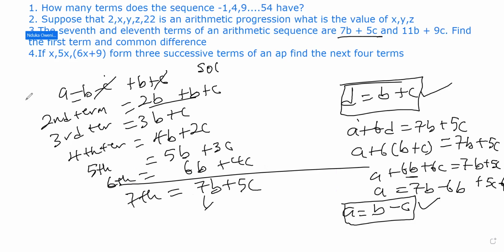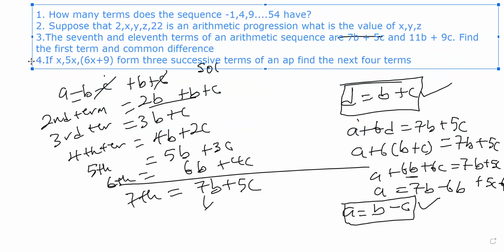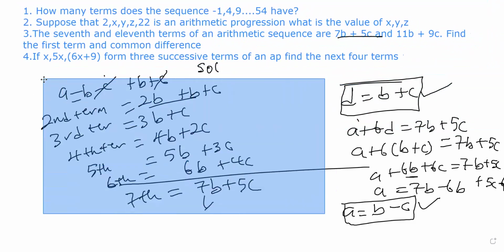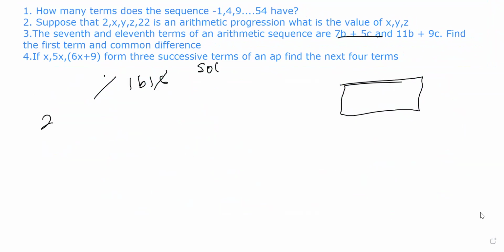So let's solve the last question for today. The last question says, if these form successive terms of an AP, it means that the AP has other terms, but they just picked out these three consecutive terms and said let's find the next four terms.